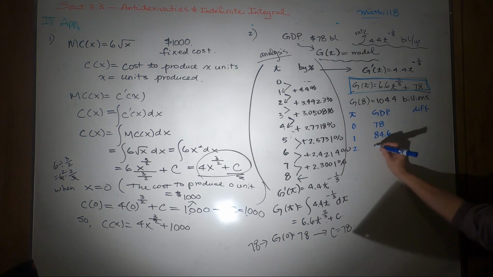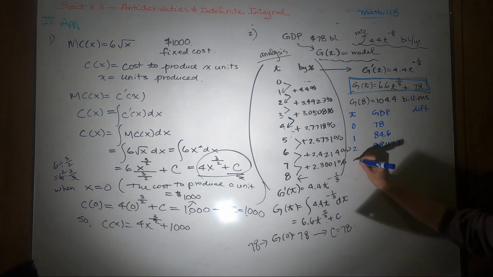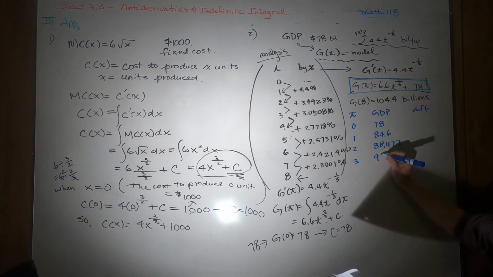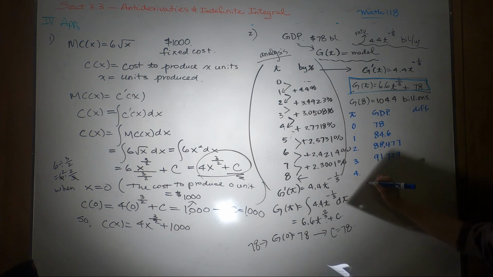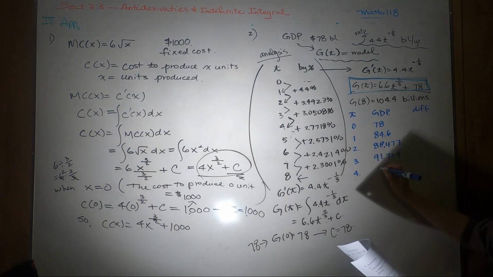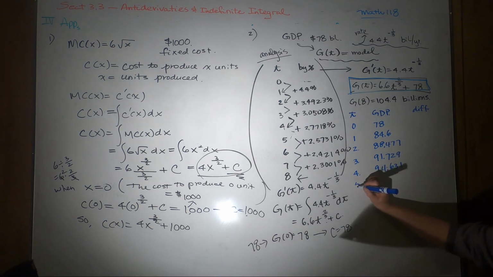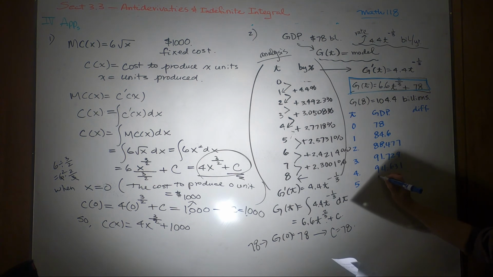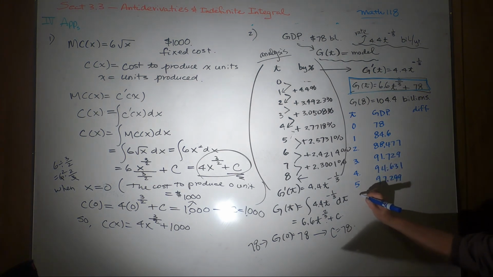Plug in the second year, I have 88.477. And 3, I should have 91.729. After the 4th year, I should have 94.631. After the 5th year, I should have 97.299 billion.